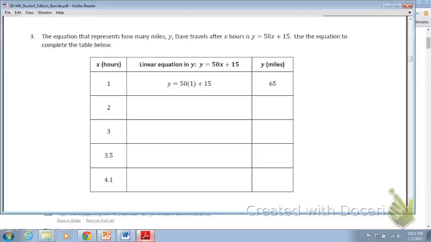Remember that y is Dave's distance from town. So once again, y is his distance from town after traveling for x hours at 50 miles per hour. Okay, so we can use this equation to complete the table.